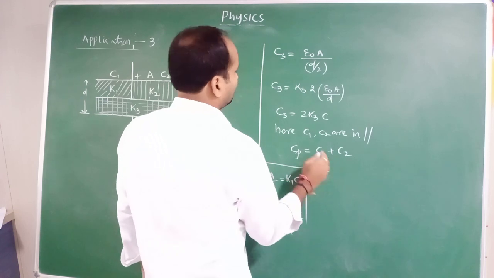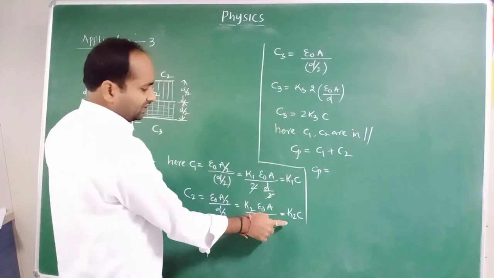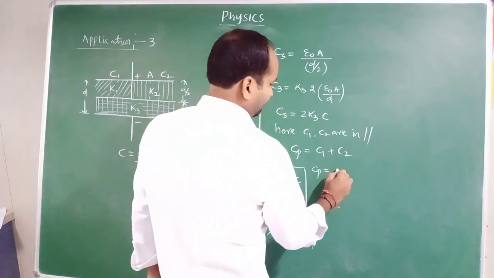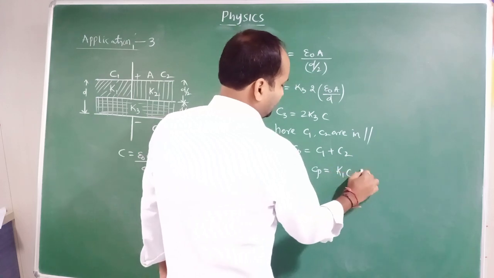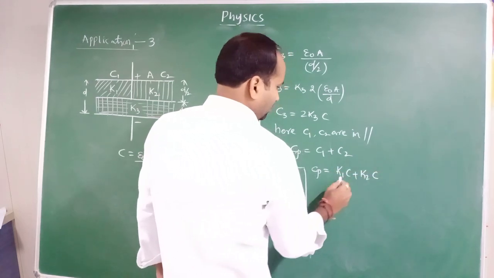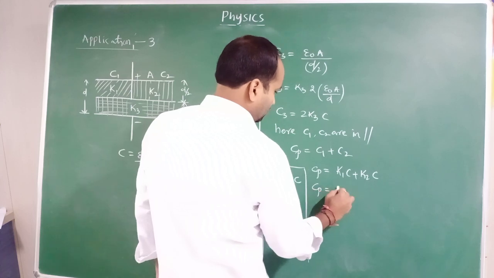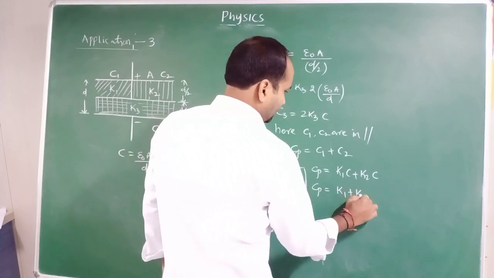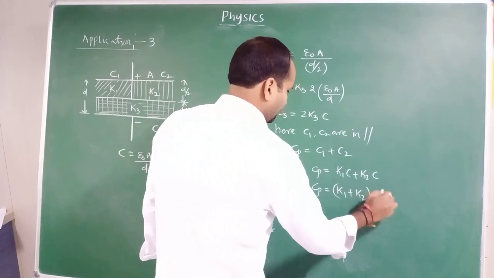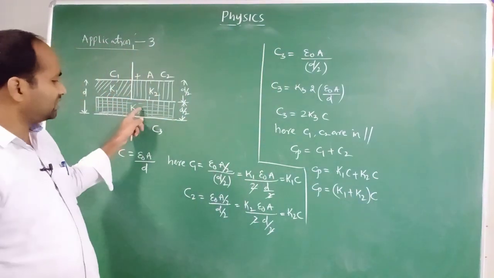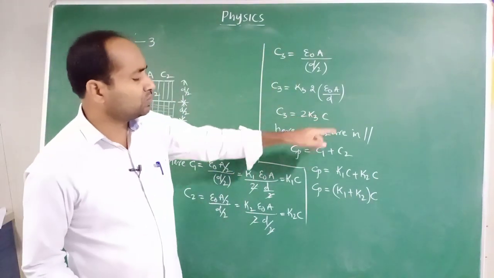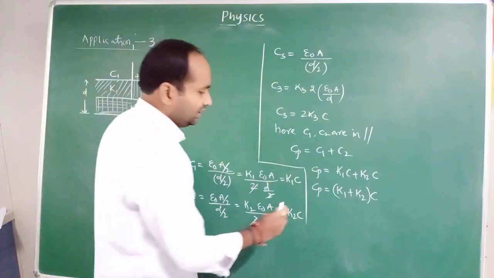What is the C1 value? K1C, and the C2 value is K2C. So Cp is equal to K1C plus K2C, that is Cp is equal to K1 plus K2 into C. And C3 is equal to 2K3C.